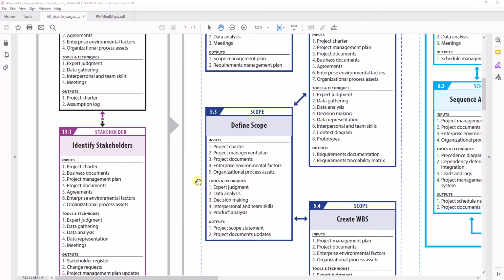That's the PI grid, the power and interest levels. So basically, low power, low interest, you monitor them. Low power, high interest, you keep them informed. High power, low interest, you keep them satisfied. High power, high interest, you manage them very closely.